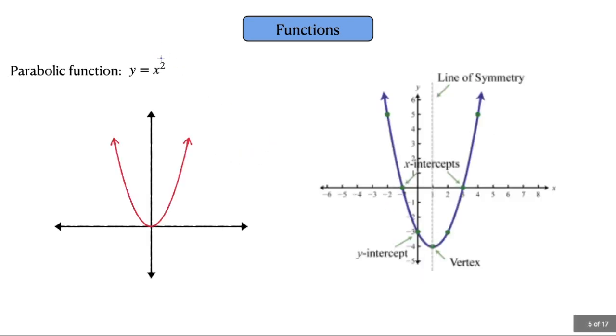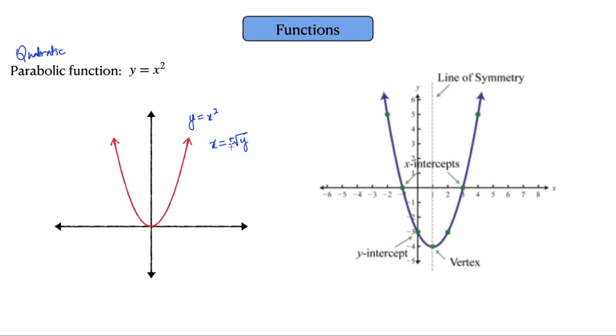Let's talk about the parabolic function, also called the quadratic function. In the quadratic function, it's given by y is equal to x square. The typical curve looks like this. For every value of y, you will get two values of x, because x will be equal to plus minus under root y.